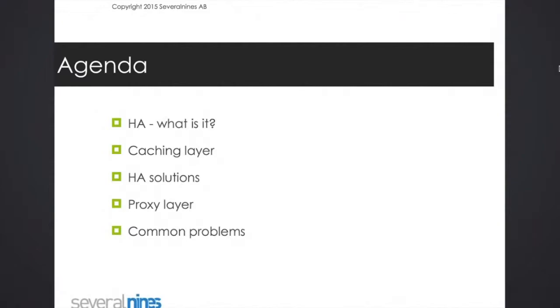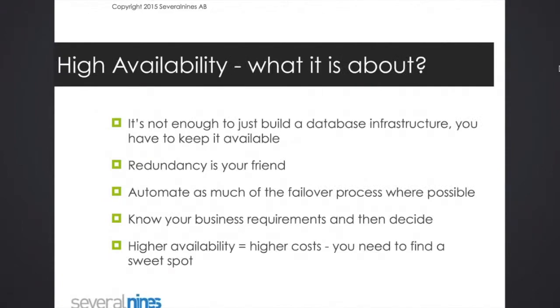So it's up to your business requirements whether you prefer to trade the downtime for some unnecessary failovers and actions. And what's also important is that higher availability equals higher costs, which is something you have to keep in mind. So you have to find a sweet spot for your requirements and get the infrastructure highly available enough, but within your cost limits.